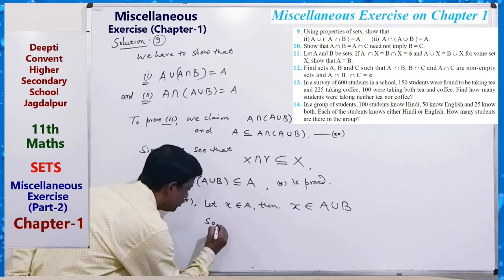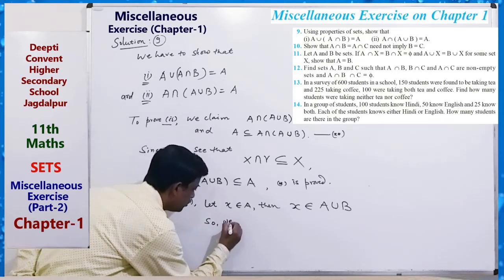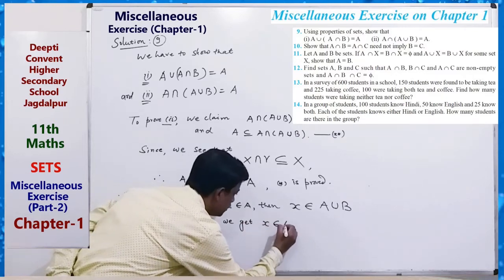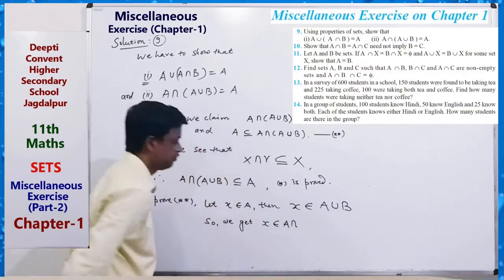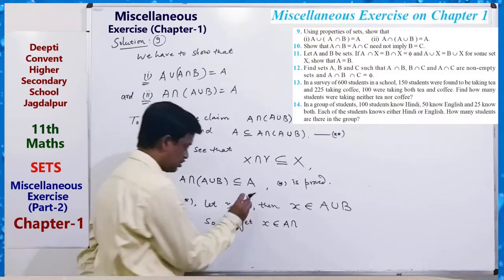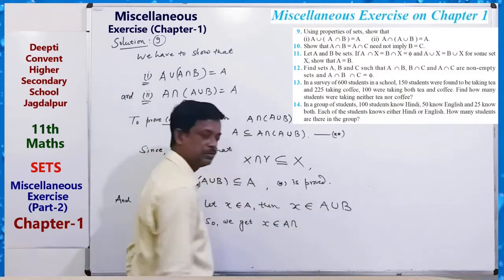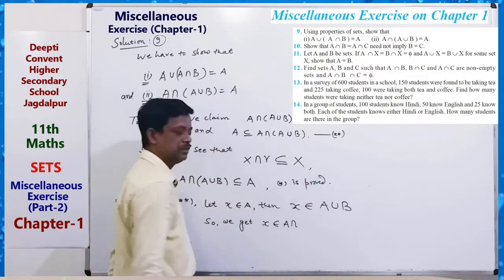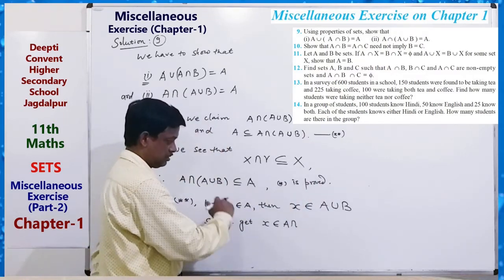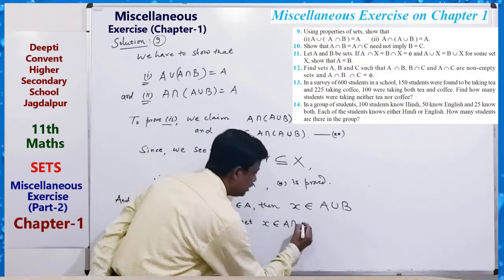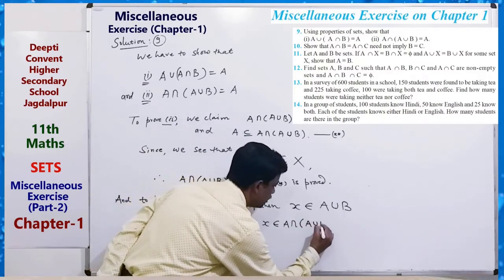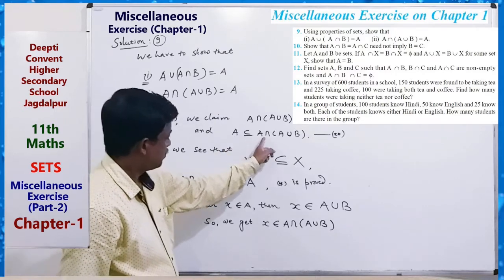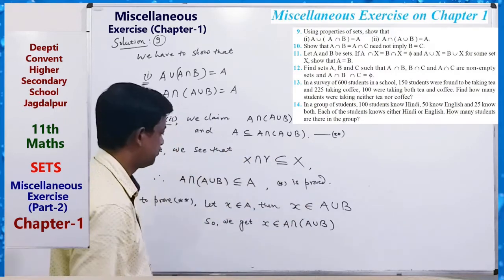So we get x belongs to A intersection A union B. So if x belongs to A, then x belongs to A intersection A union B.